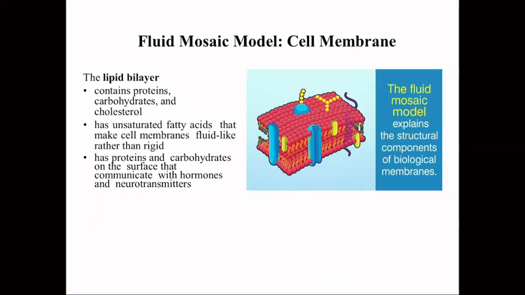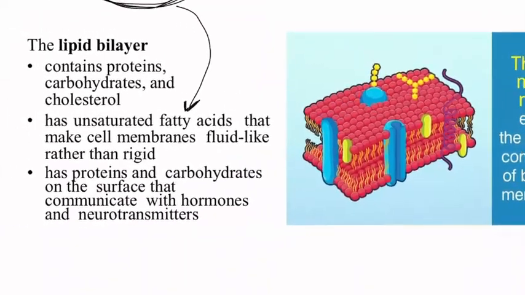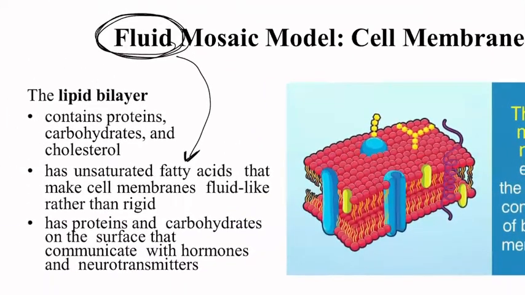is 2 layers of that glycerophospholipid that are going to be interacting via the tails, are going to contain proteins, carbohydrates, cholesterol, in addition to the glycerophospholipid. Now, the reason why we mostly see the cell membrane as something that is fluid is because specifically those tails that we have here in terms of the structure are going to be from unsaturated fatty acids.